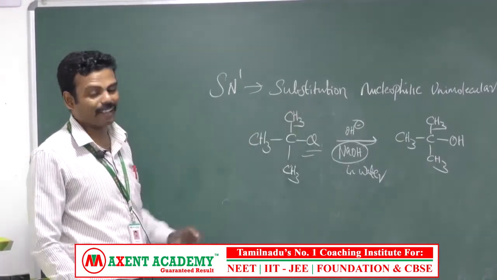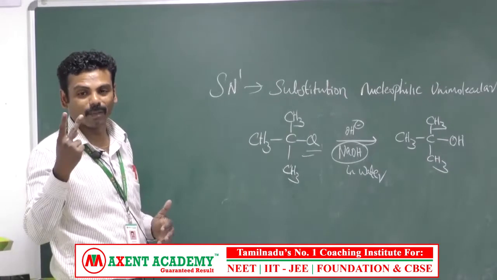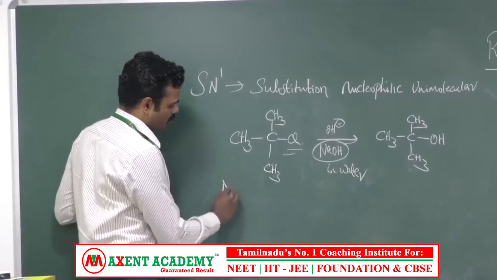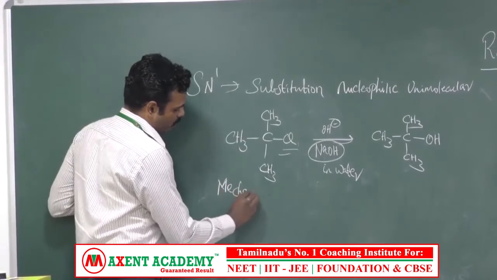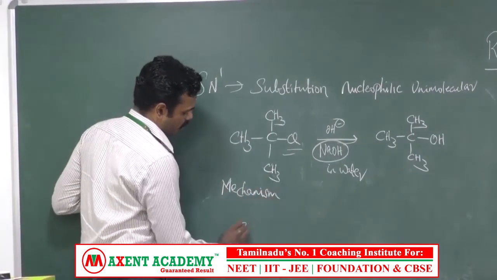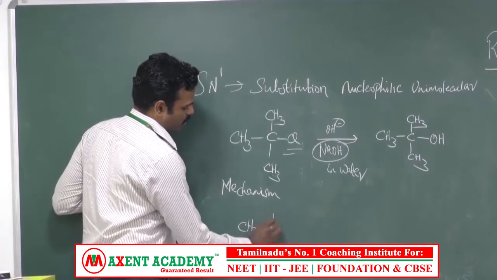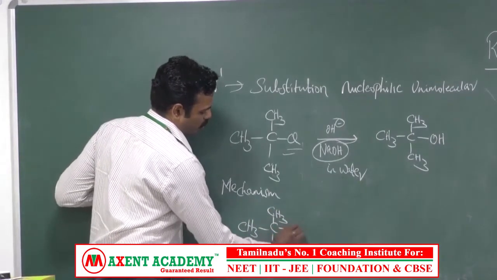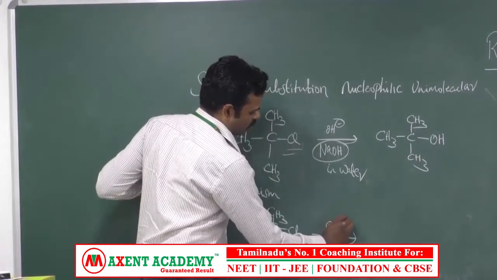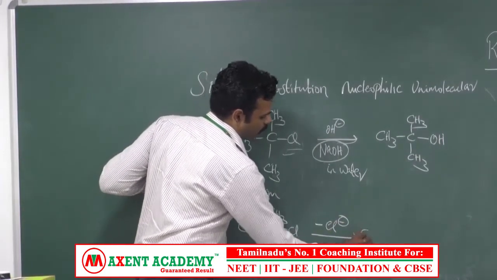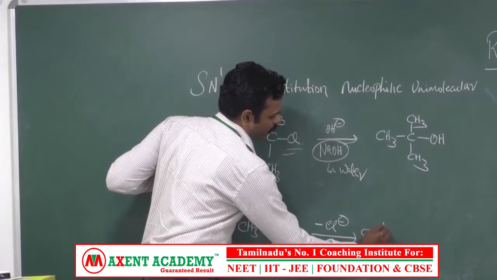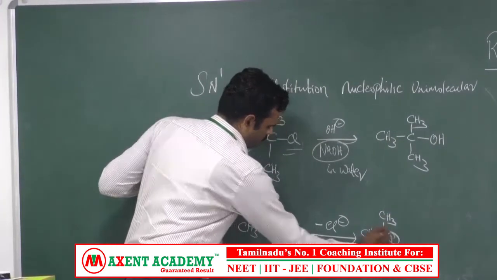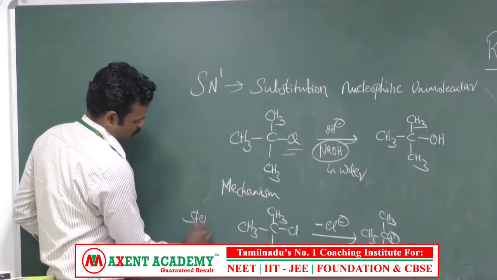Actually this unimolecular reaction takes place in two steps, which I can explain with the help of the mechanism. First step, carbocation: the Cl minus can go out and I can make the carbocation CH3. This is step 1.